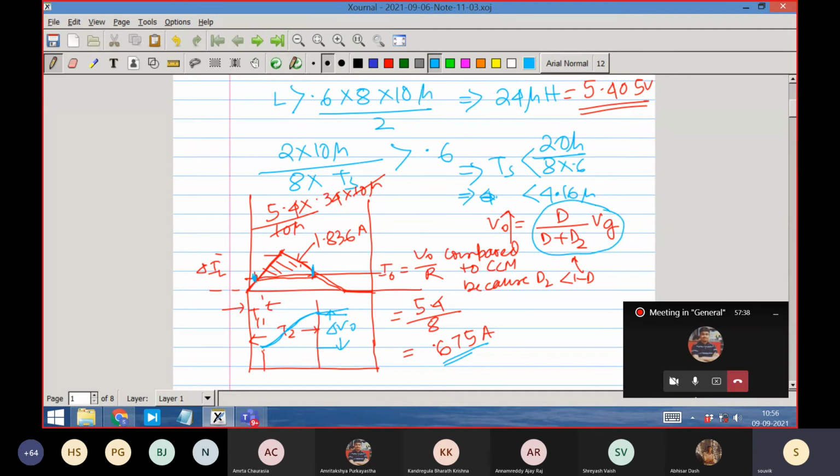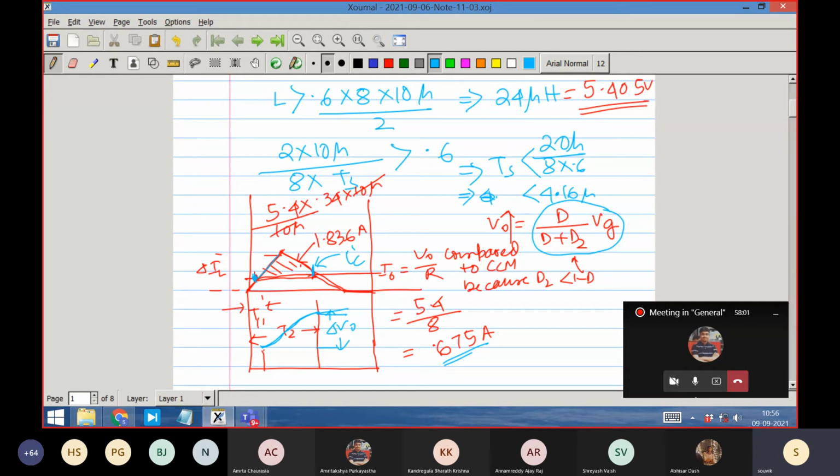And then you need to find out for how much duration the capacitor current IC, this exact waveform, is above I0. And that is the duration when the voltage ripple will be coming.